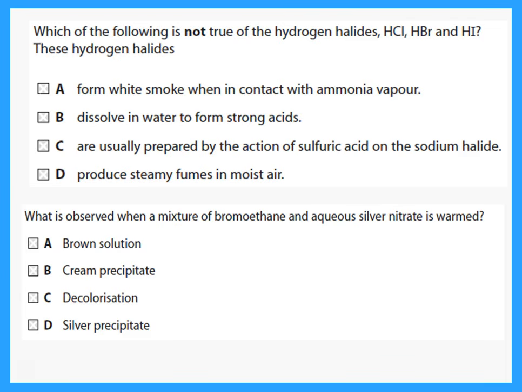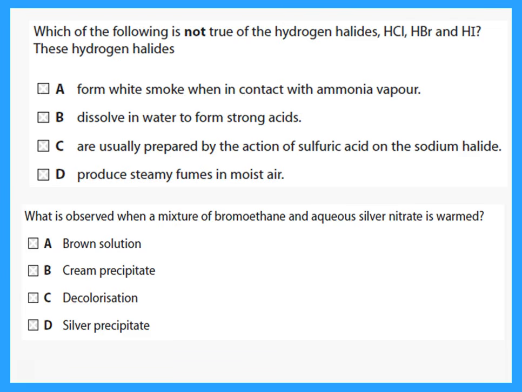Which of the following is not true of the hydrogen halides, HCl, HBr, HI? Forms white smoke? Well, you should realize that HCl, and all of these with ammonia, would form a white smoke of an ammonium compound because these are acids and they would react with ammonia. So this is true. Dissolve in water to form strong acids? Yes, all of them form acids.